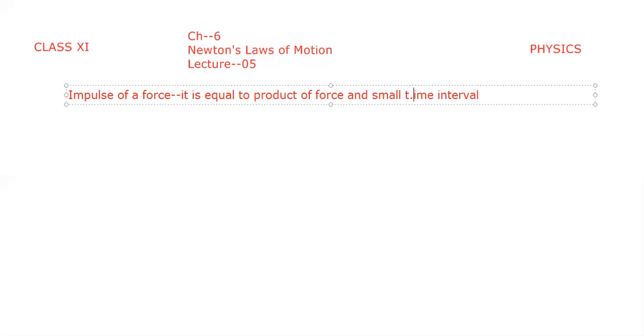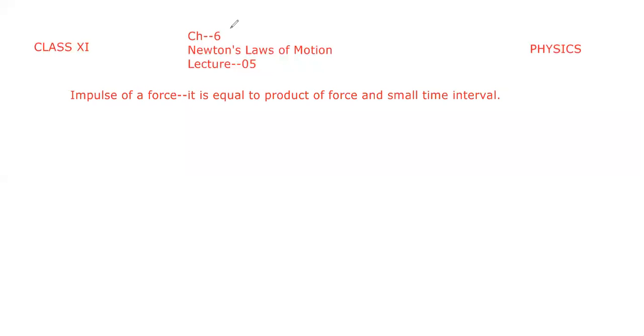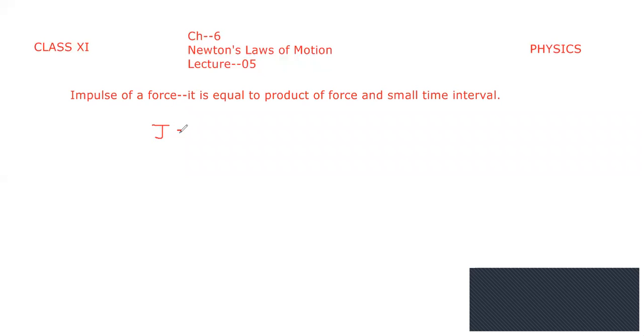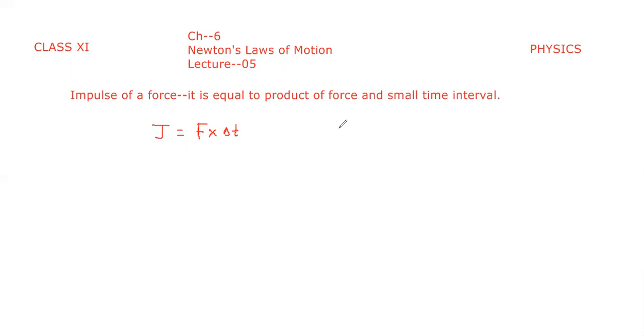It is denoted by capital J. So J equals F into delta T, force into change in time. It is also a vector quantity.